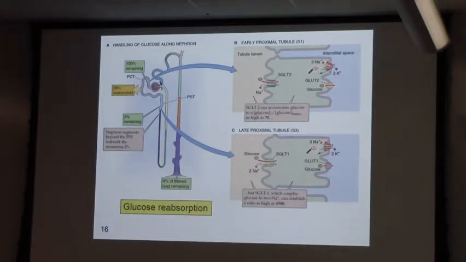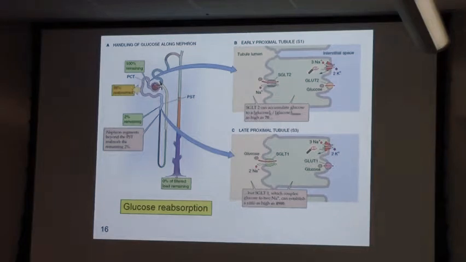This is the sodium potassium ATPase that pumps sodium out, creates the sodium gradient that is used by the sodium glucose cotransporter to pump glucose in. And then glucose flows downhill in the basolateral membrane due to the glucose uniporter.